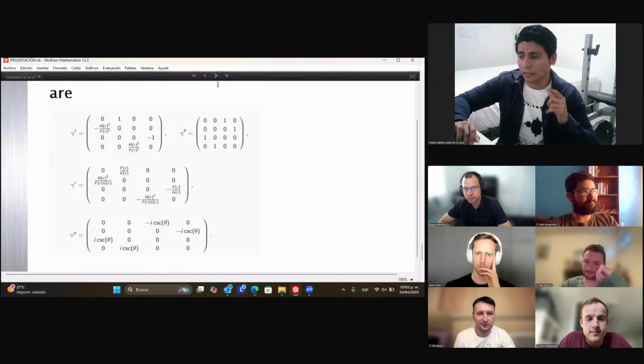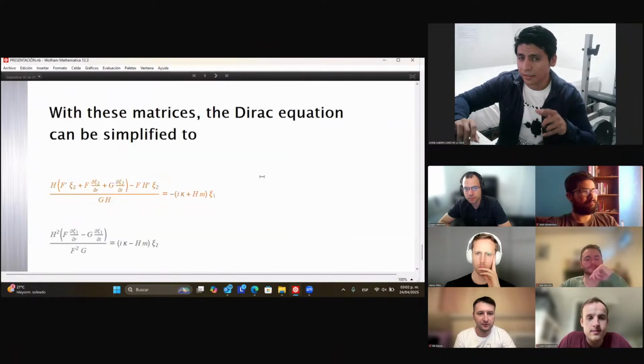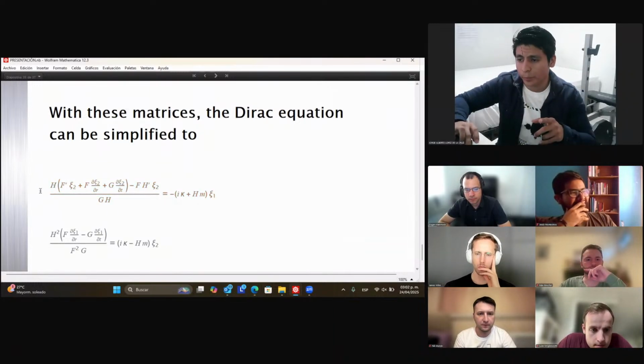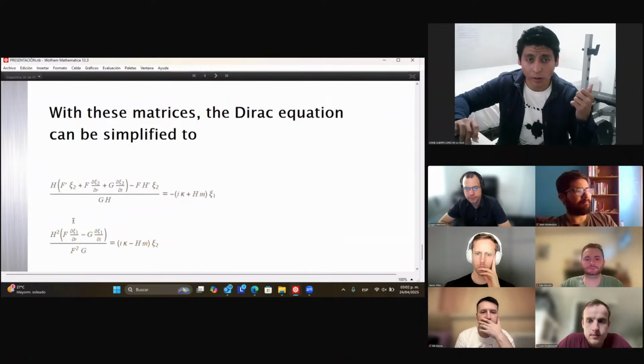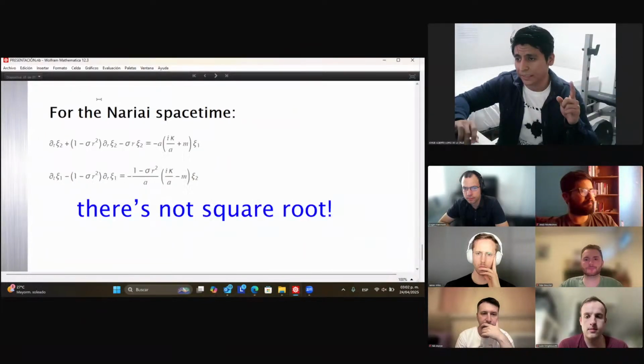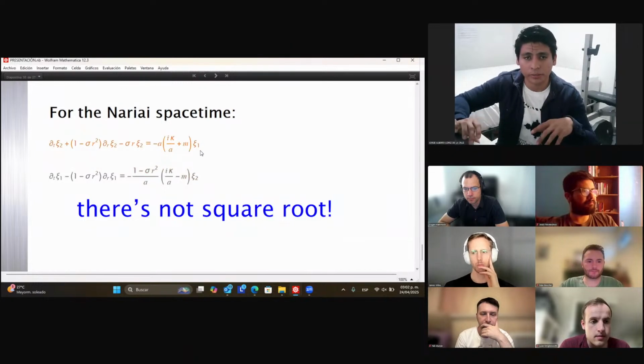But with this answer, I can simplify the Dirac equation to this pair of coupled differential equations, like before. But there are no square roots here. For example, in the Nariai spacetime, the same spacetime as before, there is the equation and there is no square root.